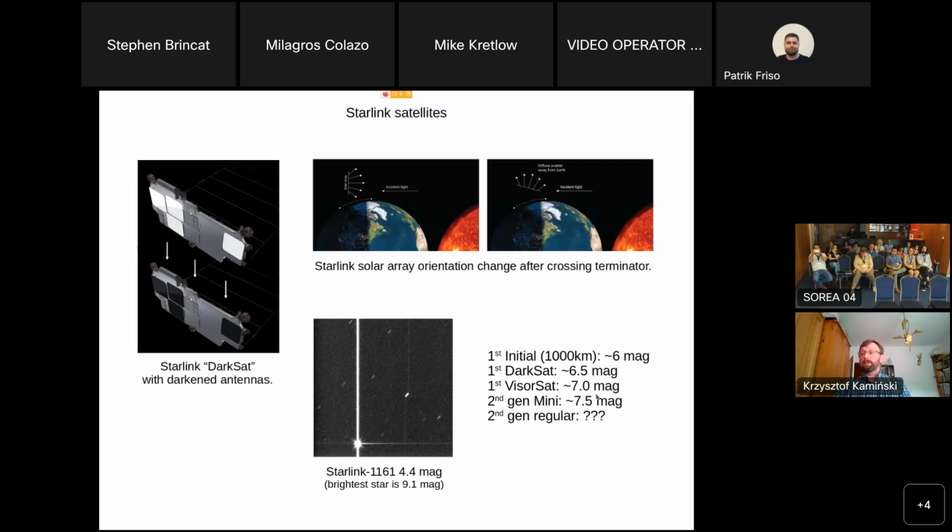We expect something on average at the level of 7 magnitude, but it has not yet been confirmed. And in the middle, you can see our own image of one of the first Starlink satellites, which was observed at 4.4 magnitude. Of course, those magnitudes are very variable, depending on the orientation and illumination of the satellite.